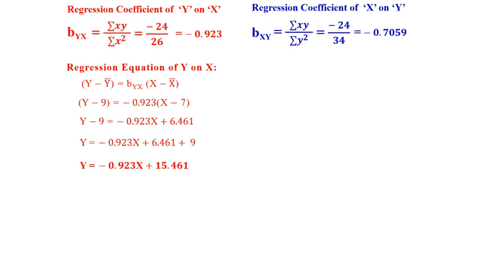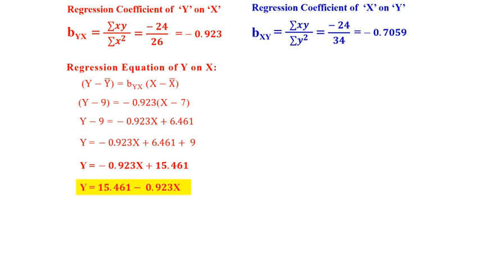I hope you understand. Okay, now instead of writing like this, you can write this as y equals a plus bx. If it has to be written in that form, you can write it this way: y equals 15.461 minus 0.923x, because the value with x is negative. This is the equation y equals a plus bx.